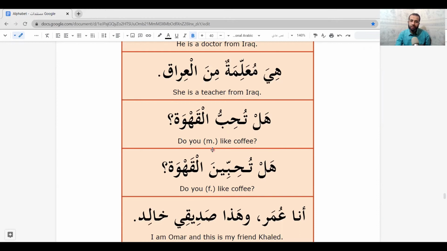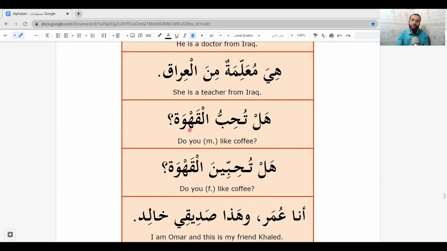The next sentence here is, do you like coffee? For male. The next one will be, do you like coffee, for female. So you like or you love for male is تحب. And for female, it's تحبين. So here, هل تحب القهوة, the coffee.